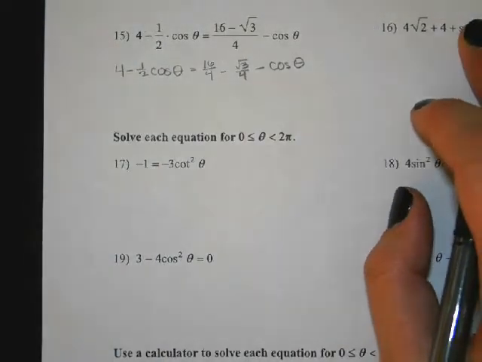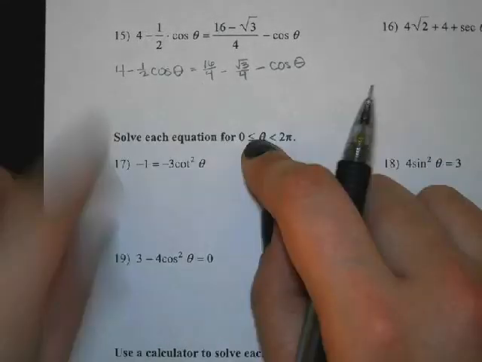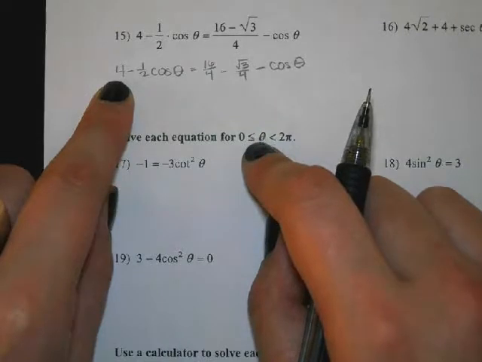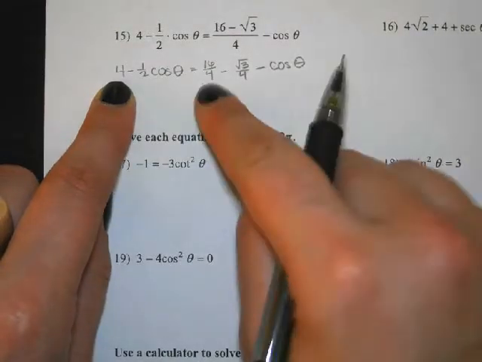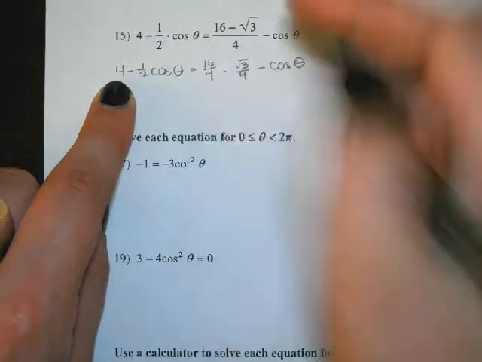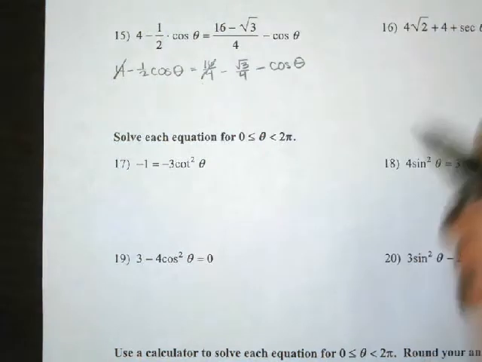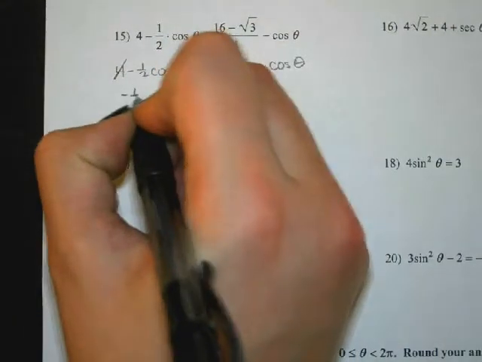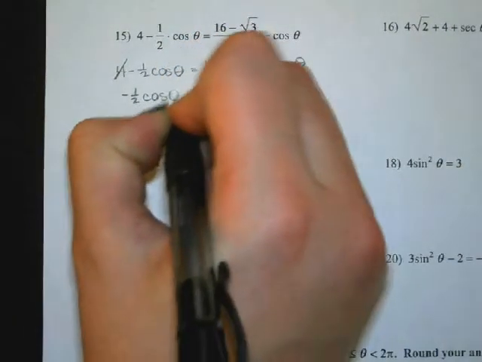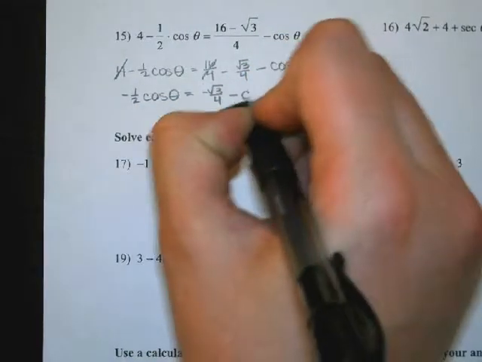And what is 16 over 4? It's a 4. So we have a 4 right here on the left side of the equation, and we have a 4 right here on the right side of the equation, and we can cancel those 4s. Just subtract 4, subtract 4. Those go away. So I've got -1/2 of a cos equals -√3 over 4 minus a whole cos.